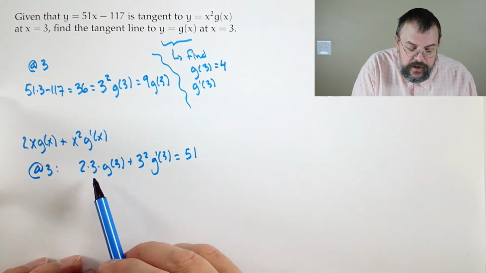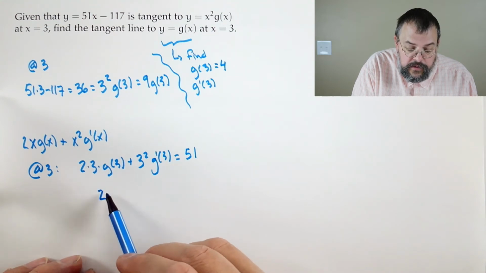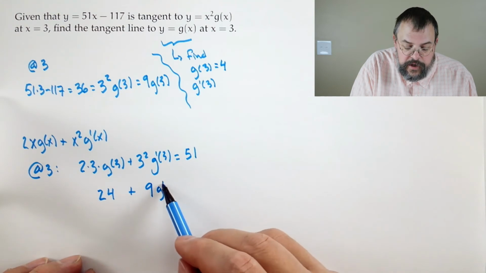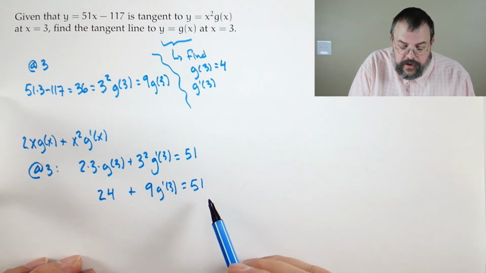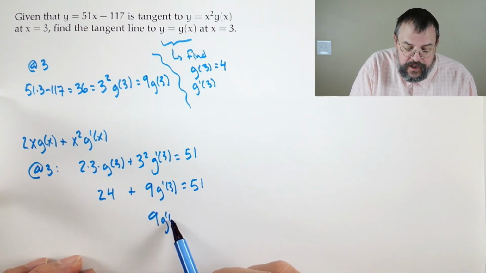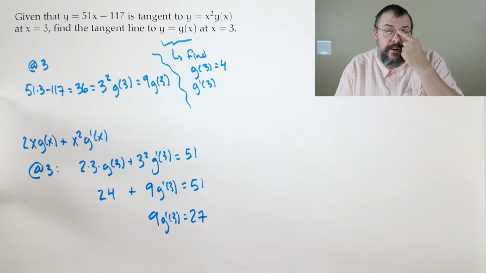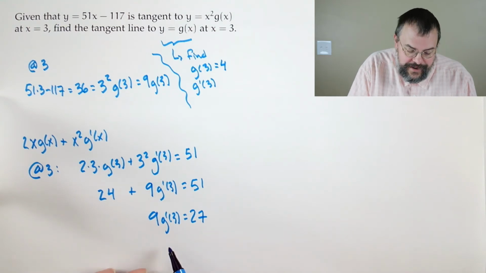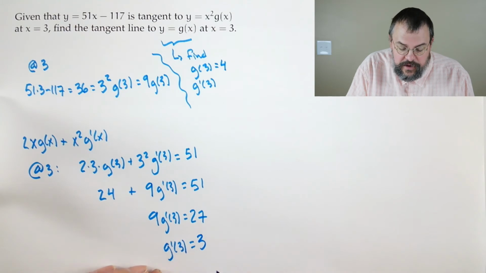So 2 times 3 times 4, well, that's 6 times 4, which is 24, plus 9 times g prime of 3 has to equal 51. Move the 24 across, right? Yeah. 9 times g prime of 3 equals 27. Good. So we're getting there. We're almost there. What is g prime of 3? So g prime of 3 is equal to 27 over 9, which equals 3.